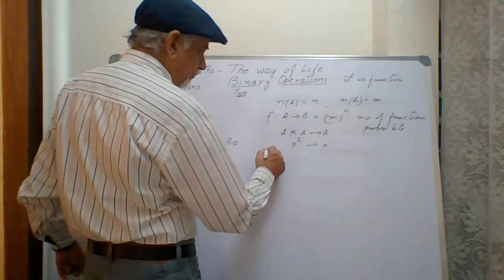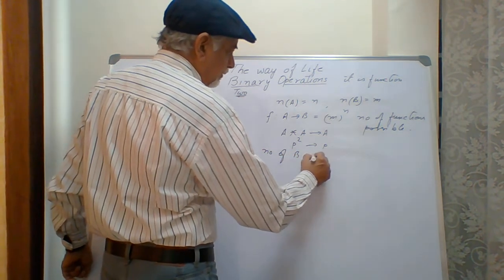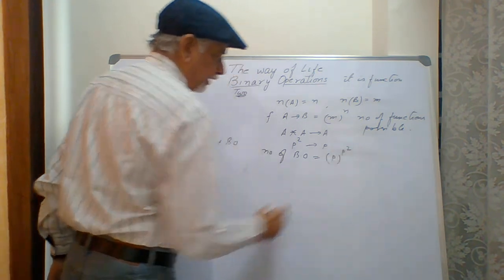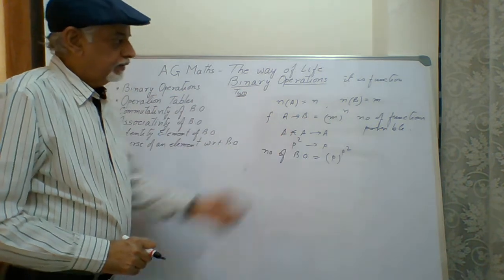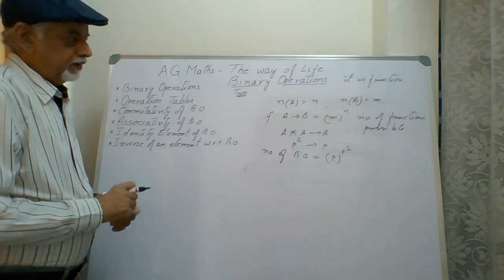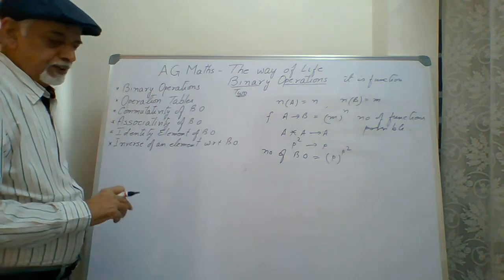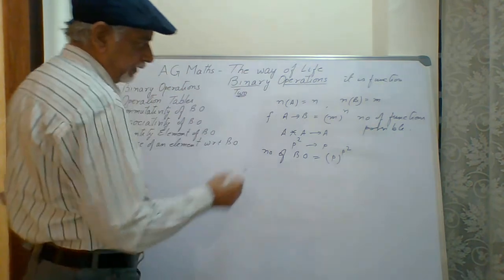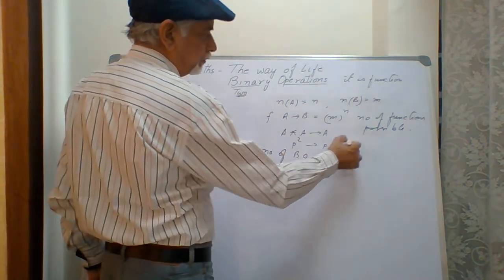Then the number of binary operations will be equal to P raised to the power of P square. Because here the Cartesian product itself is a set. It is no more domain and range as I explained earlier. So it is P raised to the power P square. And if suppose it is 3 cross 3, it will become 3 raised to the power 3 square.